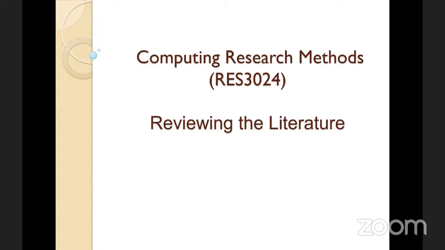Stakeholders could be the participants, policymakers, other kinds of decision makers; different groups of people could be stakeholders. And you would also write things called research questions, which we will focus on briefly today. So all of that.